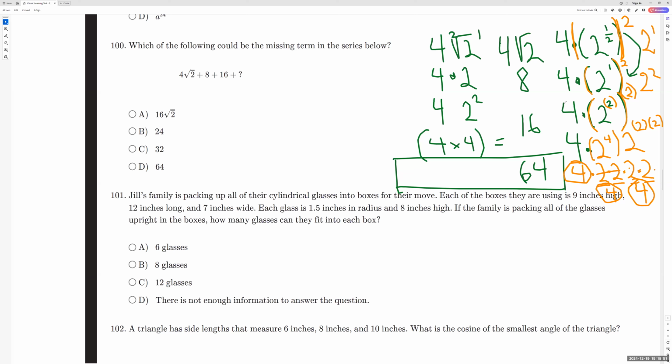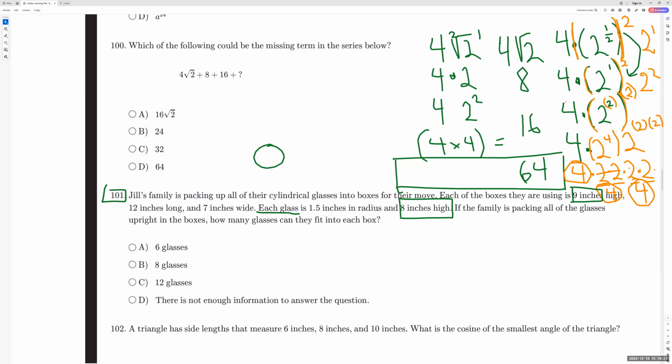Okay, now the next problem, 101, is going to be: Jill's family is packing up cylindrical glasses. So that means they're like a can, all right? Like glasses are. Each of the boxes they are using is 9 inches high. So the height of the box is 9 inches, and the height of each glass is 8 inches high.